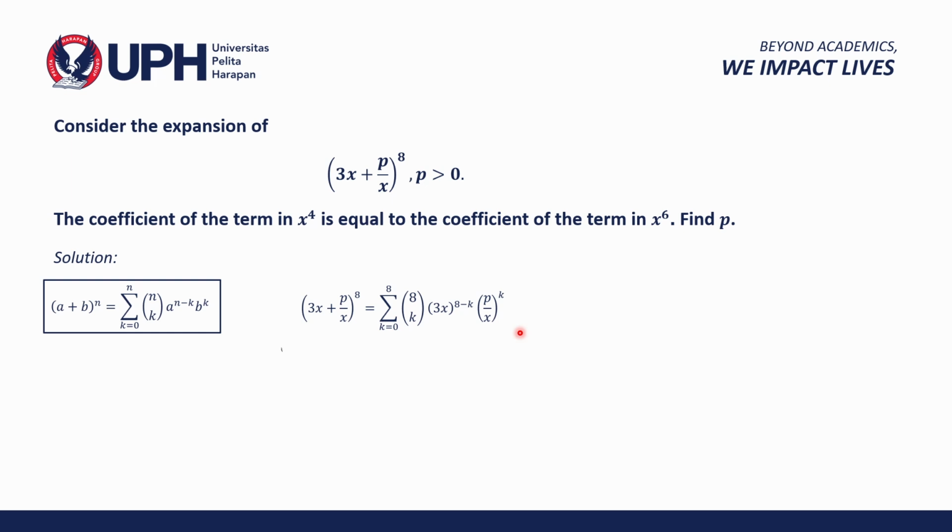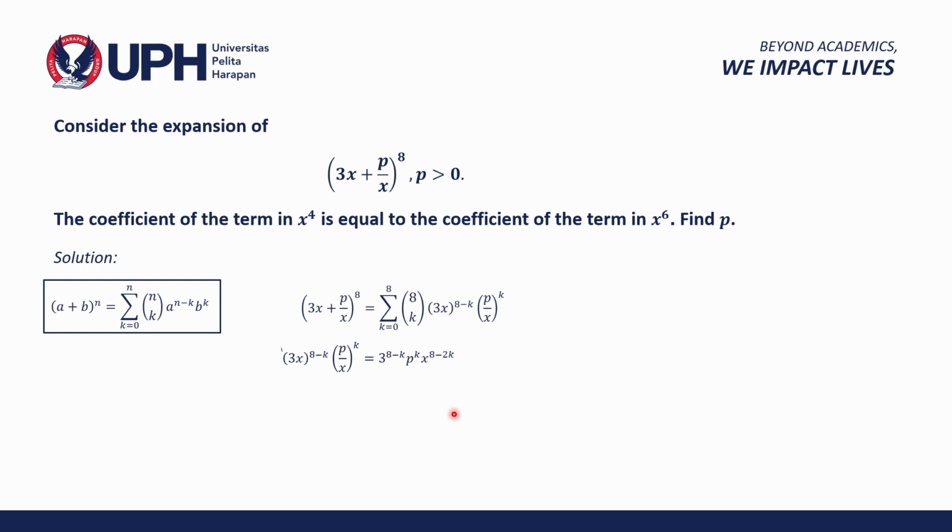When we simplify the powers of x, the term becomes 8 choose k times 3 to the power of 8 minus k times p to the power of k times x to the power of 8 minus 2k. This expression allows us to identify any required power of x directly.